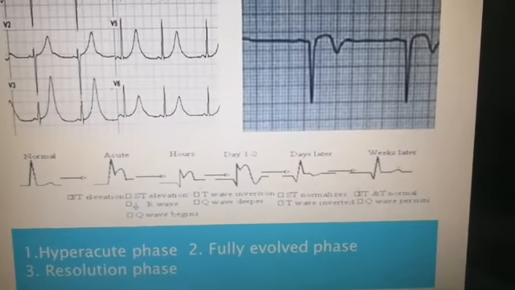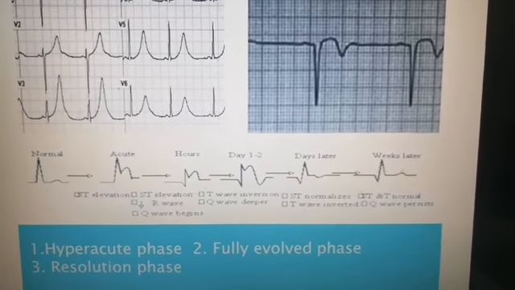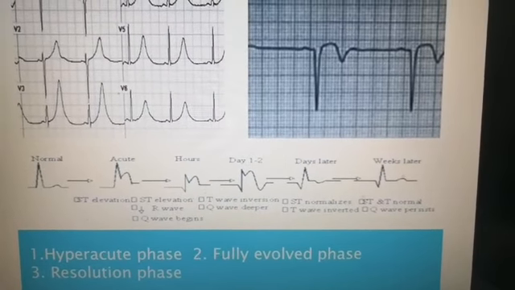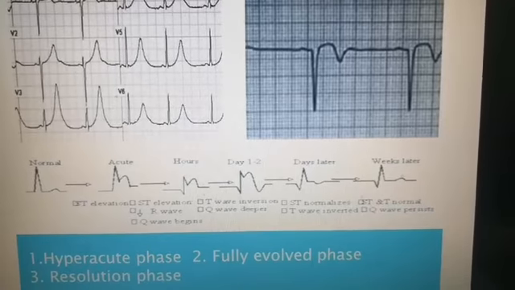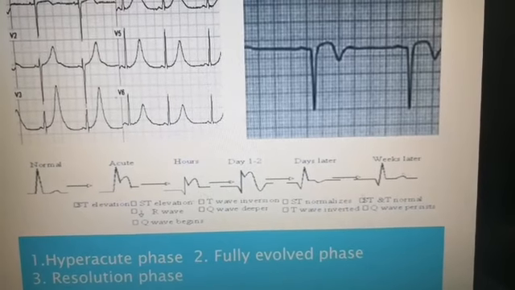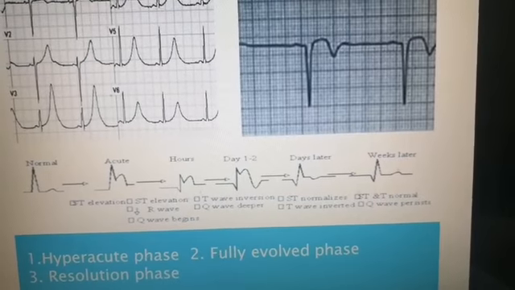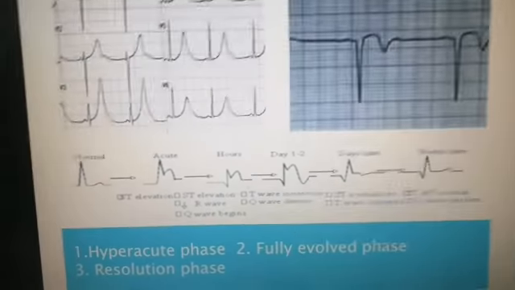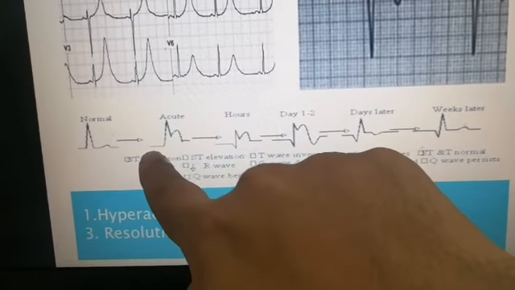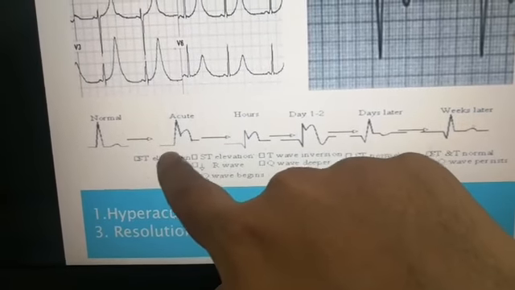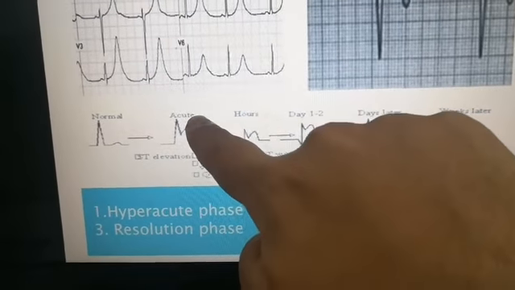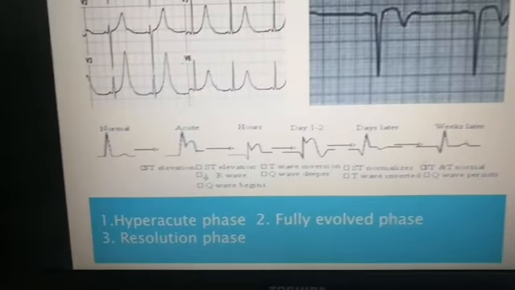You can see here. Firstly normal, then hyperacute, then acute phase, ST elevation. This is the isoelectric point, but the segment is elevated.